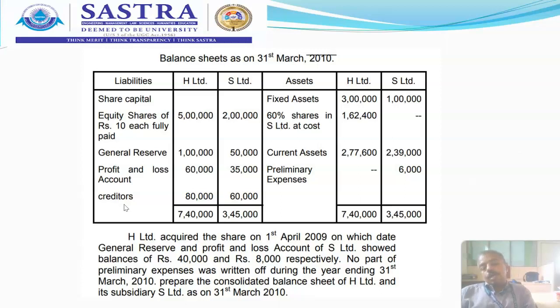So credit side we have 8,000 as an opening balance, debit side we have 35,000 as a closing balance. Apart from that, we have a general reserve of 10,000 which is transferred during this year. So now if we balance on debit side, we will have a total of rupees 45,000.